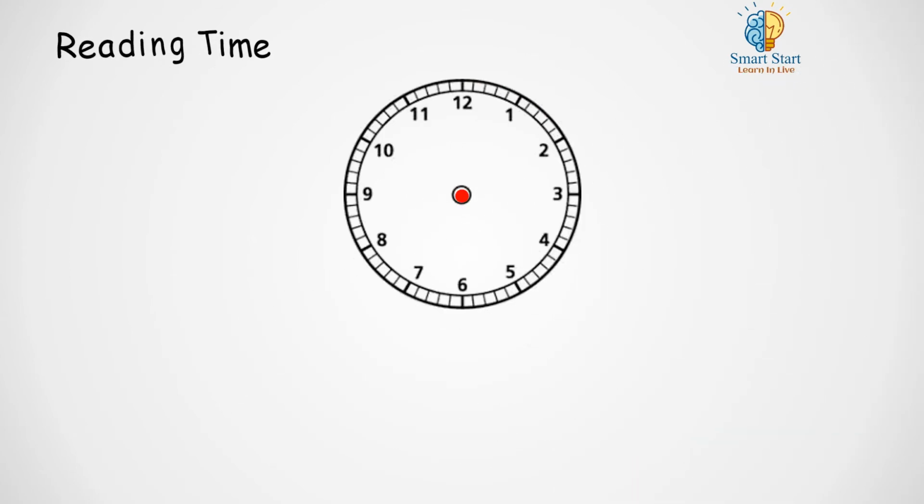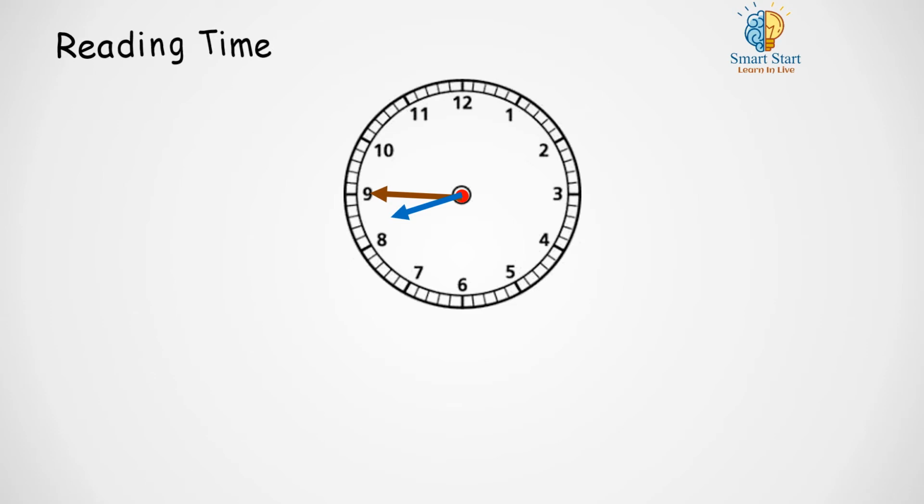Now consider another example. When the minute hand is between 6 and 12, the time is read as so many minutes to the next hour. For example, suppose the hour hand is at 8 and the minute hand is at 9.